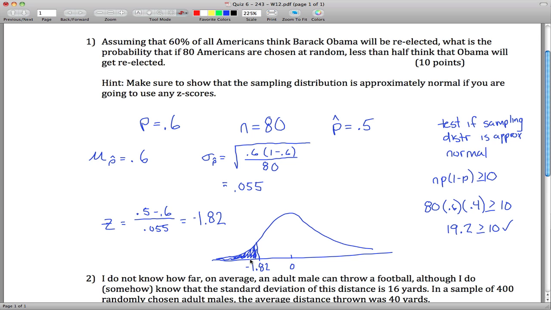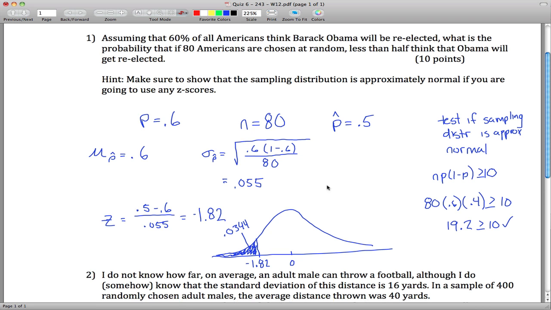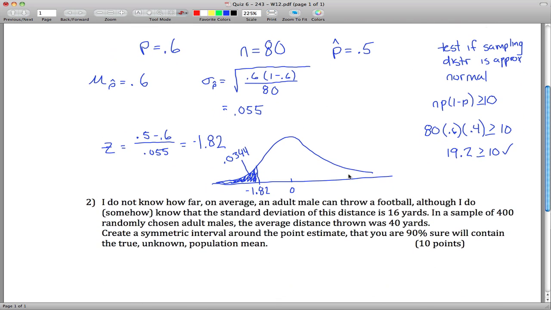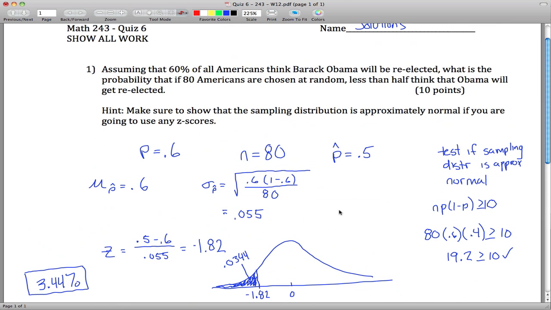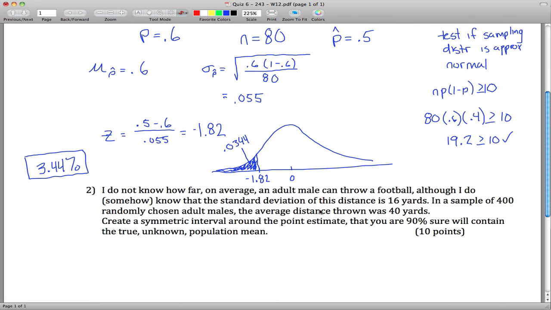I can figure that out by going to my tables. It is 0.0344. So my final answer is that the probability is 3.44%. Okay, good enough, I guess.